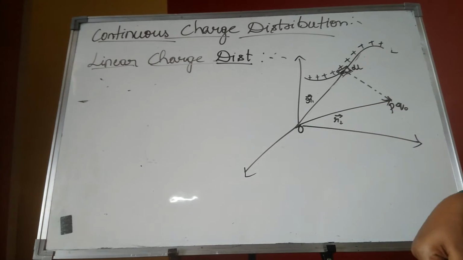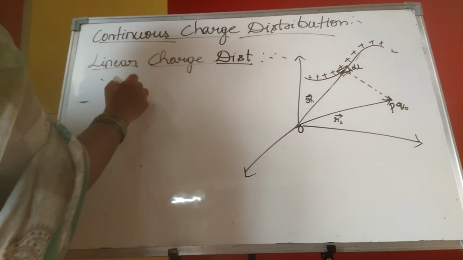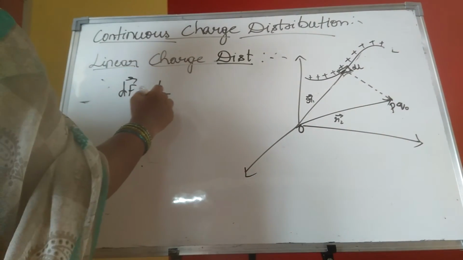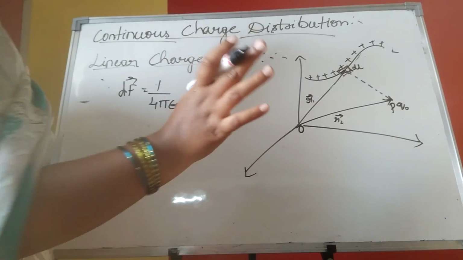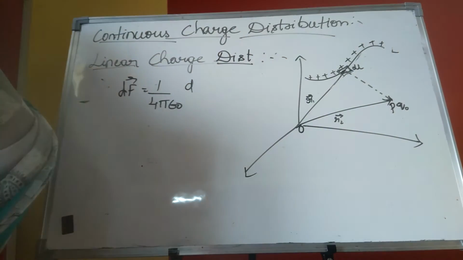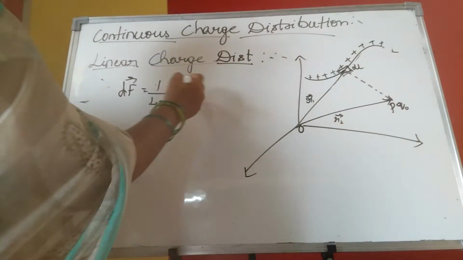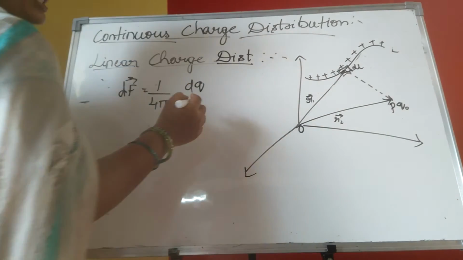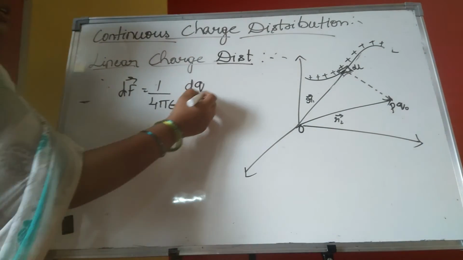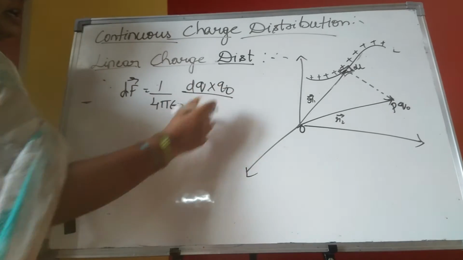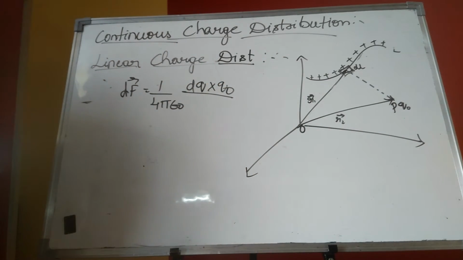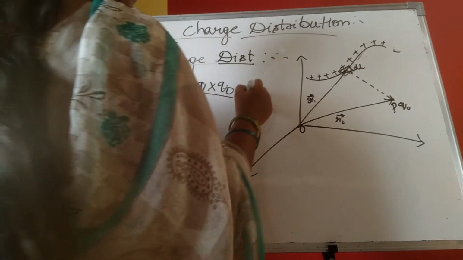The two charges are dq and q naught, so the small force is vector dF is equal to 1 by 4 pi epsilon naught dq q naught divided by the distance between them, that is r21.